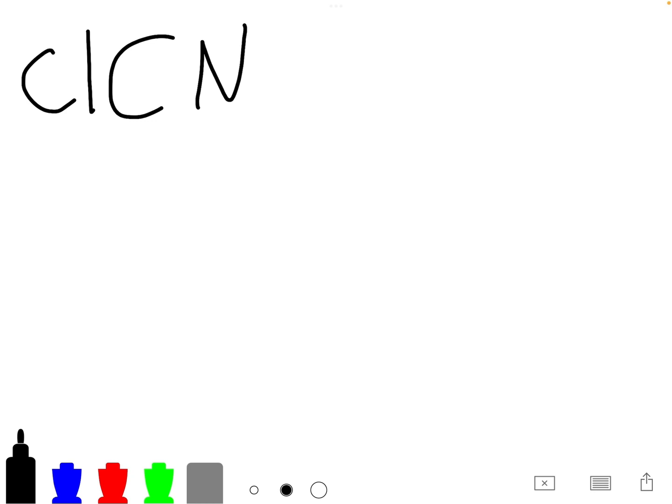Here, here, and here. And that should give you 16. So there is your dot notation. For the linear shape, you're going to put the chlorine here, then the carbon and the nitrogen, and it's just going to be like this, except there's a triple bond here. And that's what it looks like. That is your linear because it goes straight across. So this one is linear.